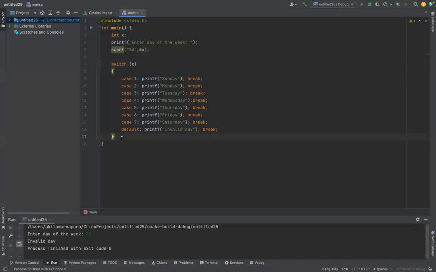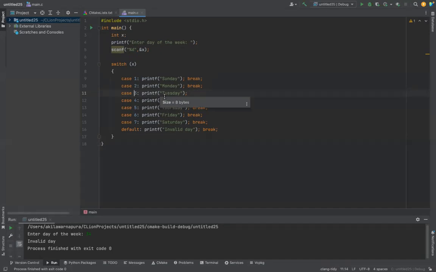Another important part is this break keyword. If you forget to provide break in whatever statement, let's say in case 3, in such a situation, if case 3 matches, it executes all the statements until a break keyword is found.